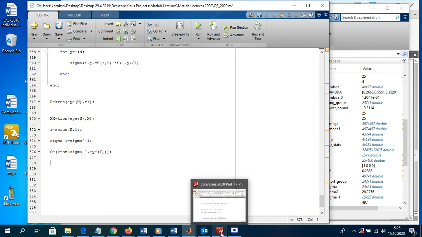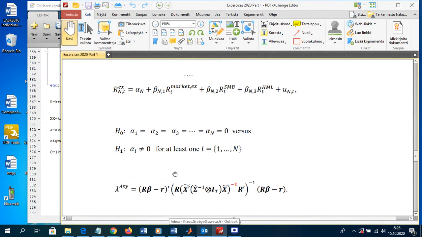Now we have obviously all the ingredients that we need for our formula, for our test statistic, which tests these guys here jointly. And again, why do we need it? Obviously, we need it because the alphas may be correlated. There are a whole bunch of covariances that are a part of this test statistic and which you find here. We discussed it in detail on the whiteboard.